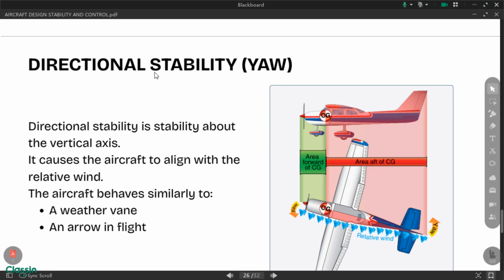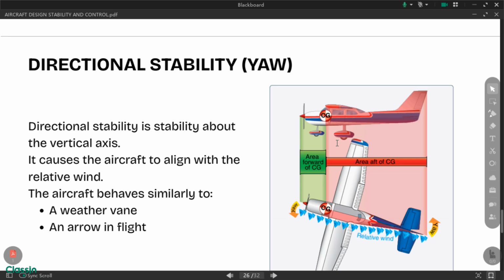We must take into consideration also yung directional stability. Okay? This is yung way of aligning yung aircraft natin with the wind, no? With the incoming wind.